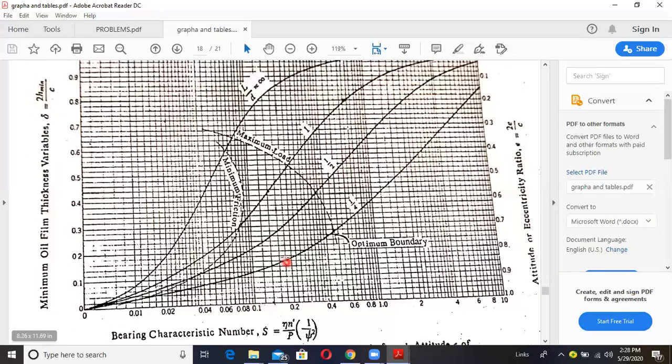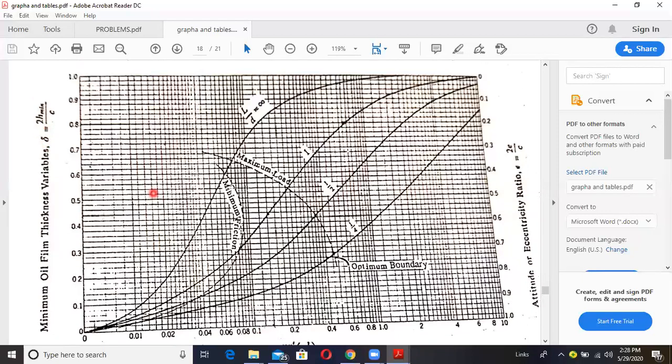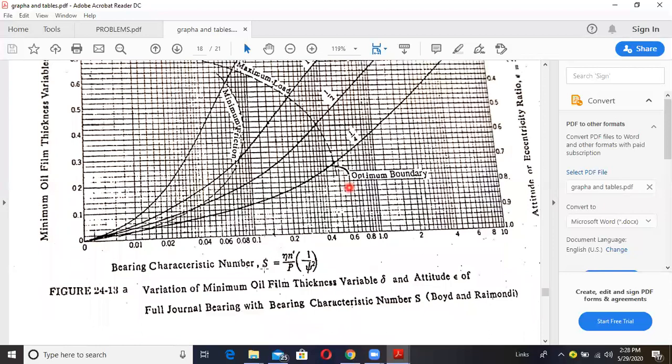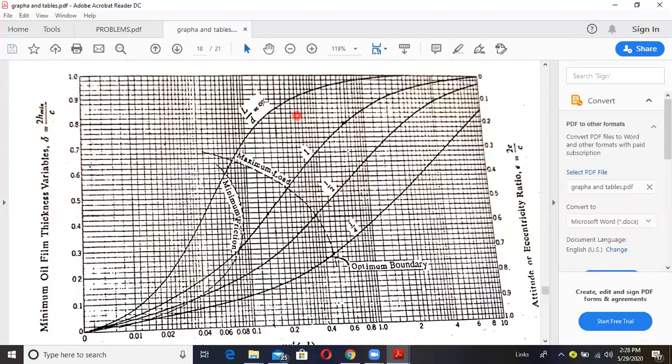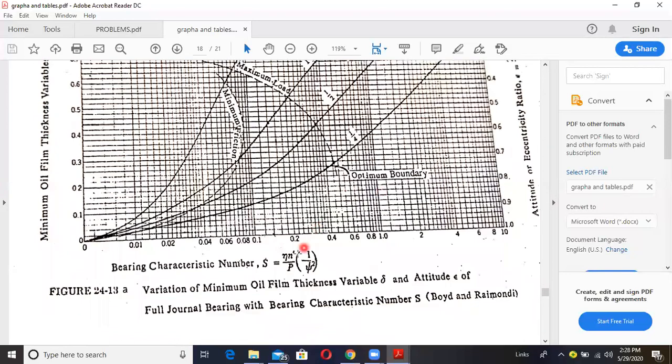In the x-axis, we have S. The number of curves is L by D, and in the y-axis, we have delta. Already in the previous step, you have calculated S, and you know L by D is equal to 1. Now in the previous step, we got S is equal to 0.125. So, the Sommerfeld bearing characteristic number you have calculated.